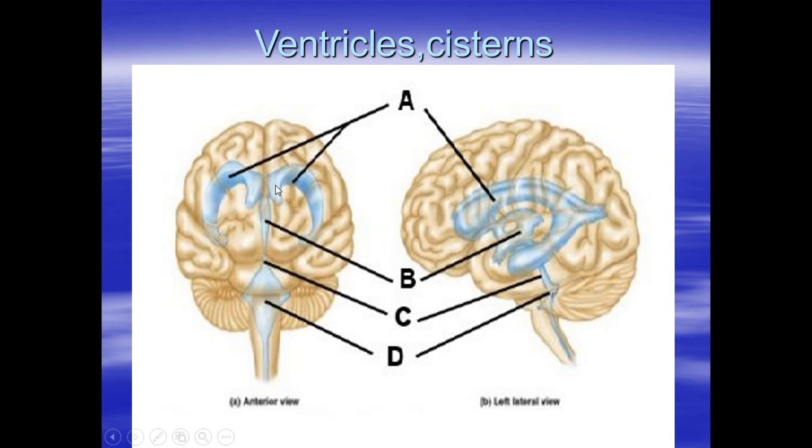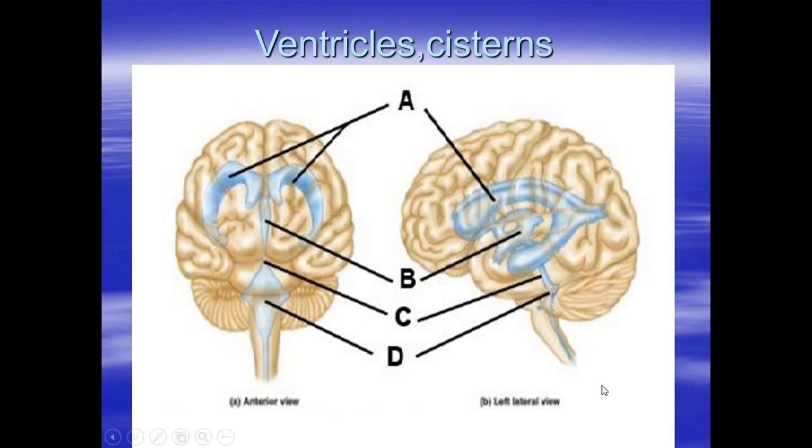What is ventricle A? And B and C and D? Okay, A is the lateral ventricle. B is the third ventricle.